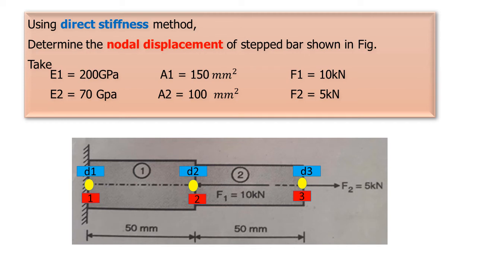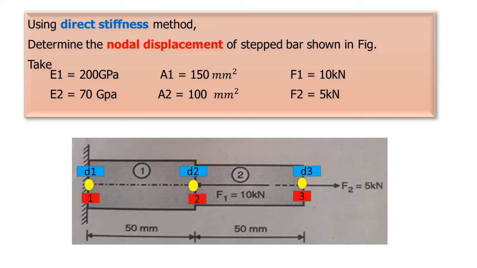So about nodal displacement, for this diagram, as there are two elements, we can observe that here is first node, second node and then third node. As the question is, we have to determine nodal displacement for a step bar as shown in figure.